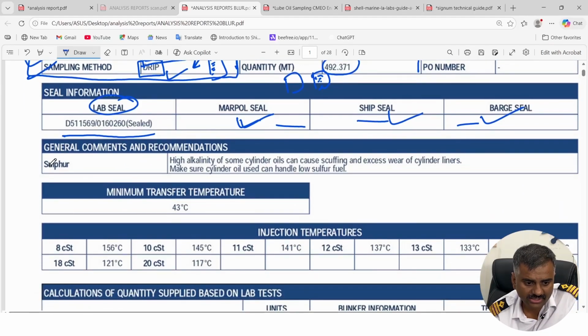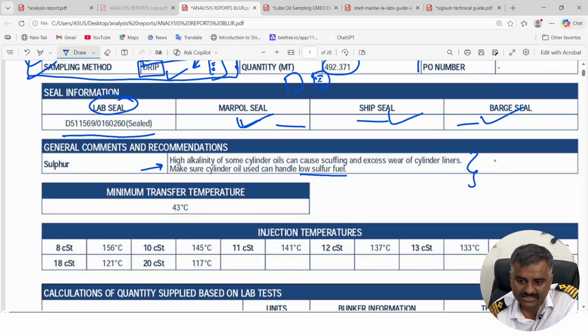Okay, in general, what comment has this one vessel given: that high sulfur, high alkalinity of some cylinder oils cause scuffing and excess wear of the cylinder liners. Make sure the cylinder oil used can handle the low sulfur oil. So this is a general comment they have seen over a period of time. This is not relevant or related to this specific oil type.